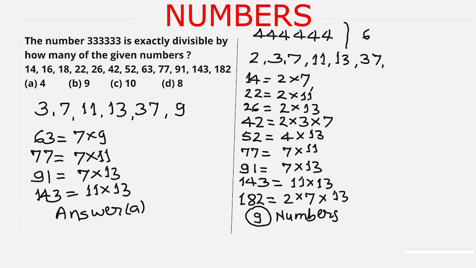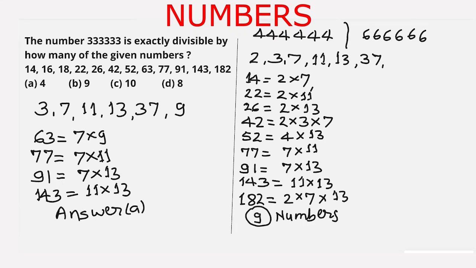If the number had been 666666, then how many of the given numbers would have divided this number? As this number is divisible by 9, out of these 2, 3, 7, 11, 13, 37, there will be one more extra number, that will be 9. So the given number will be divisible by 63, one extra number.